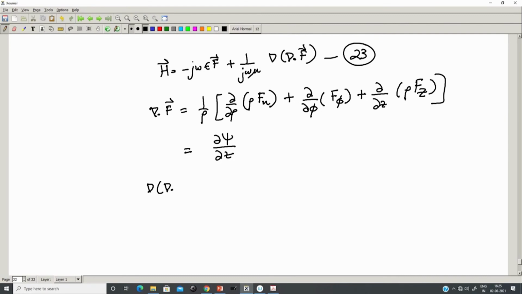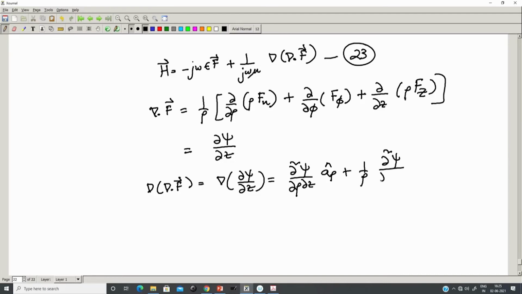Now, grad of divergence F becomes grad of del psi del z, that is equal to del square psi del rho del z a rho plus 1 by rho del square psi del phi del z a phi plus del square psi del z square a z.